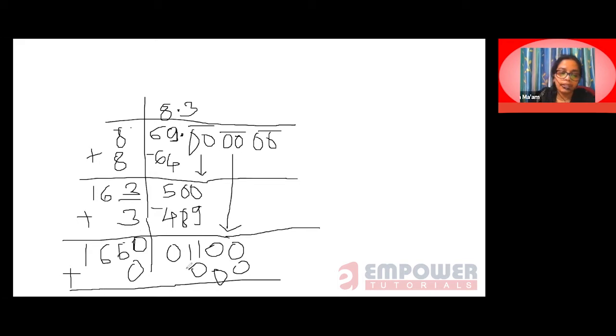I need to take the number which should be less than 1100 and nearer to 1100, and that will be 0 only, because if I take 1 over here, then I will get 1661, which is far more than 1100. So I cannot take 1 over here.